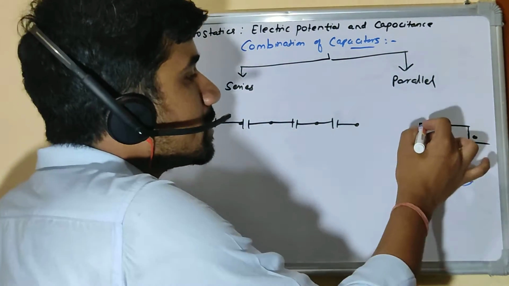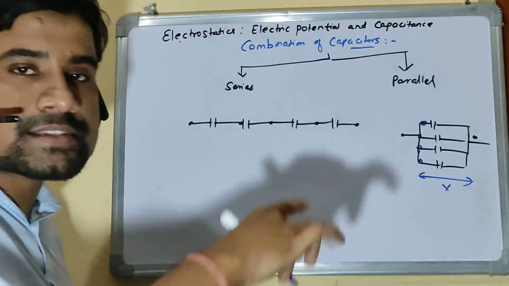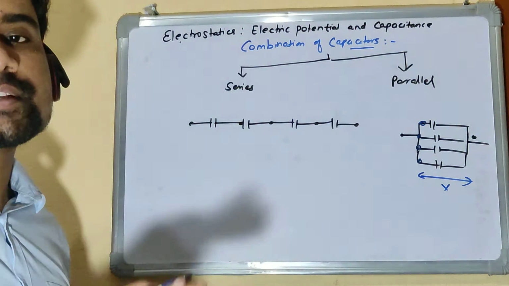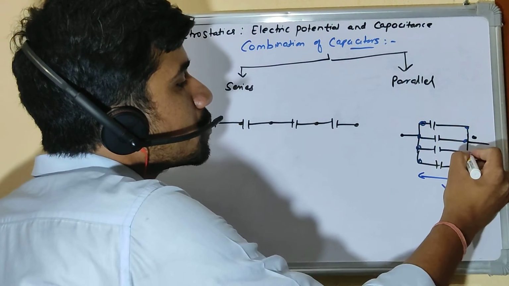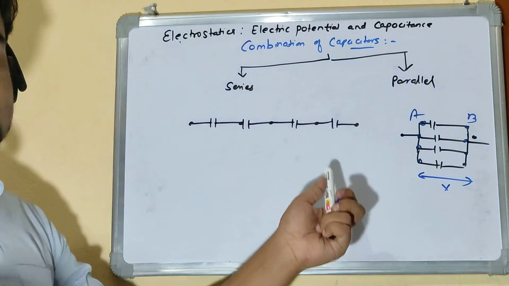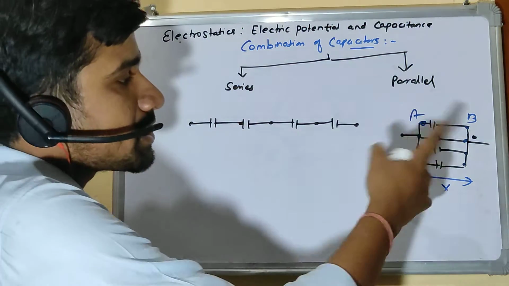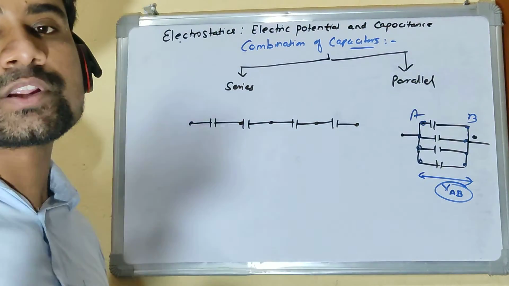These points are all equipotential points having the same potential. If all four capacitors are placed between these 2 points A and B, the potential across all the capacitors is nothing but VAB. There is no different potential here.